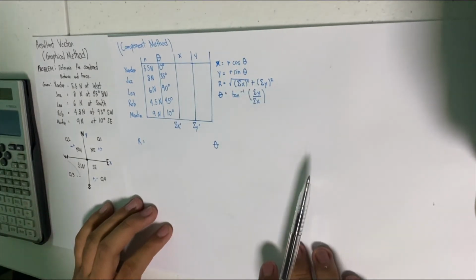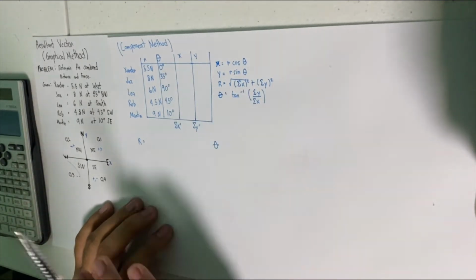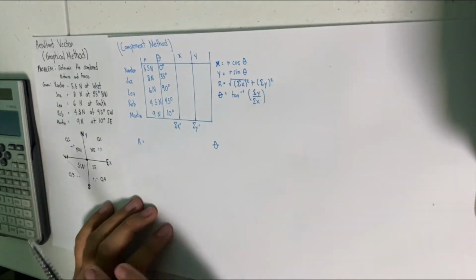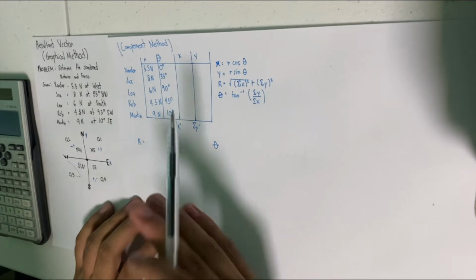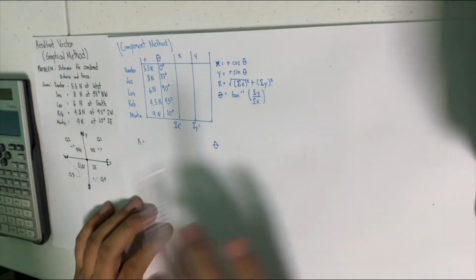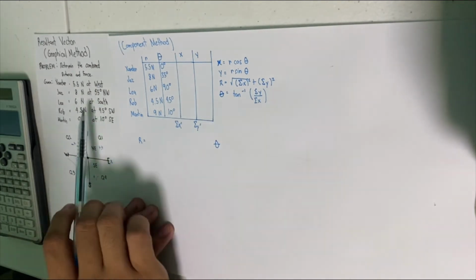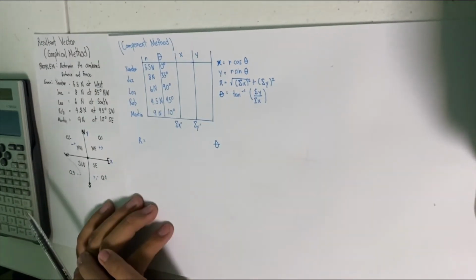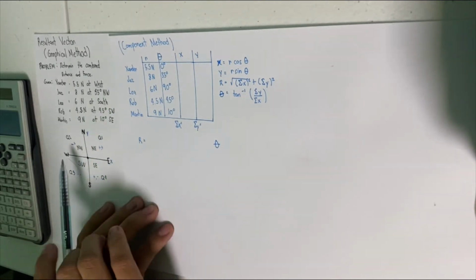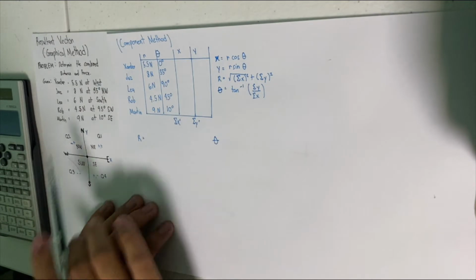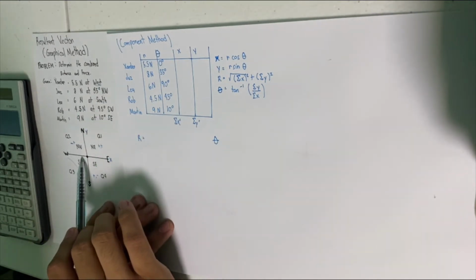So, we need to find the x and y. But before finding that, we need to write down the signs. As you can see here, the first one, Xander, is at 0 degrees because it is lying on the x-axis, west. For the west, it is 5.5.